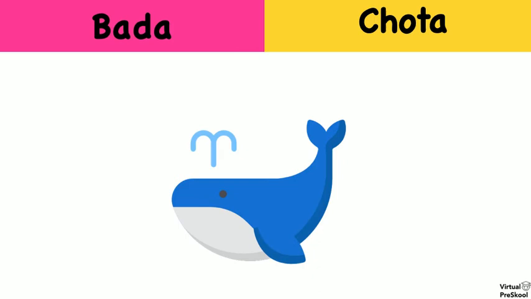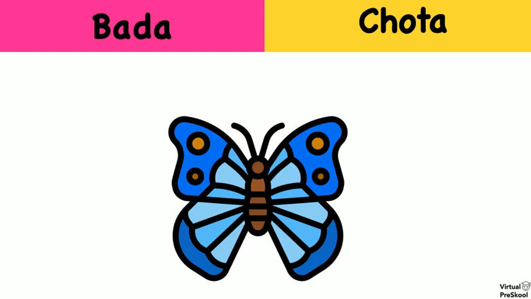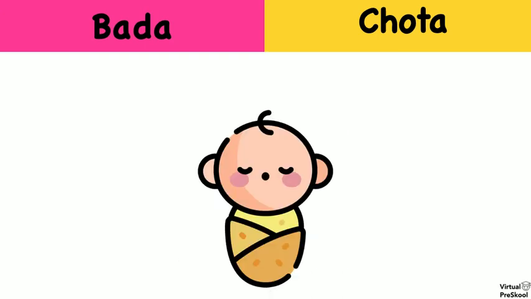Whale choti hai. And what about the dinosaur? Dinosaur bada hai. And what about the butterfly? Bada, badi, chota, choti. Well, butterfly in Hindi we say titli. Titli choti hai.